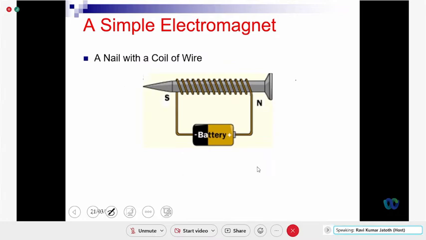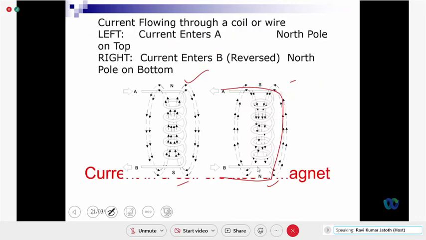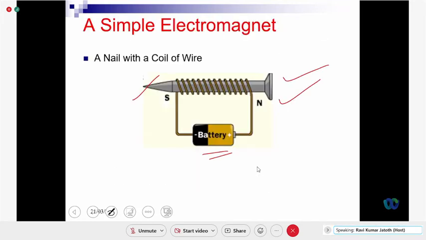Now I'm talking about the electromagnet, and now I'm introducing a nail in the wire. If I connect the battery like this, the north pole is formed here and the south pole here. So this point is clear now. Now from this example to this example, what happens to the strength of the magnetic field? Will it be more here or more here?